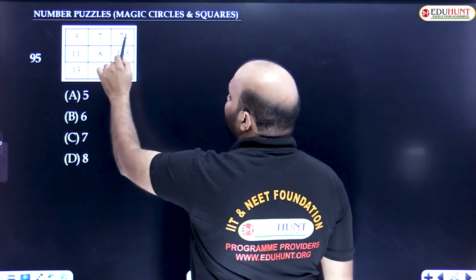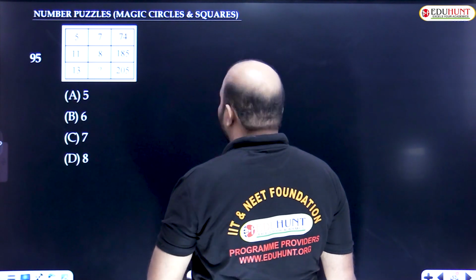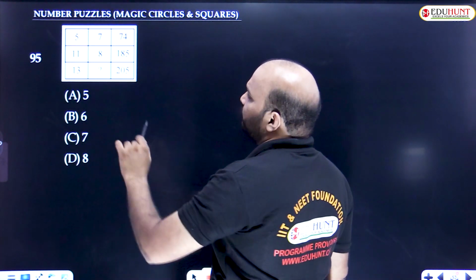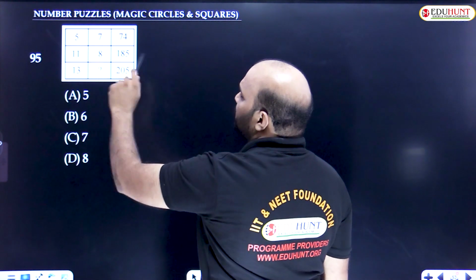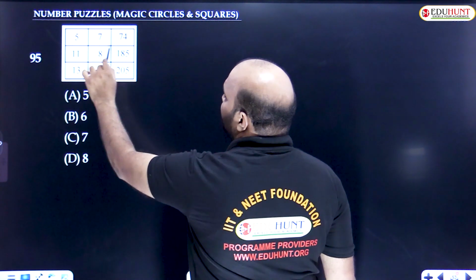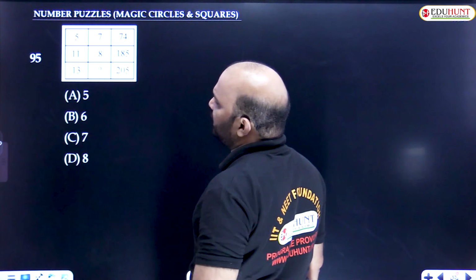Among the 3, 74 is the higher number. How will we get 74? By using 5 and 7. The same logic applies toward row 2 and row 3. In row 2 the numbers given are 11, 8, 185. Among the 3, 185 is the higher. How will we get 185? By using 11 and 8.